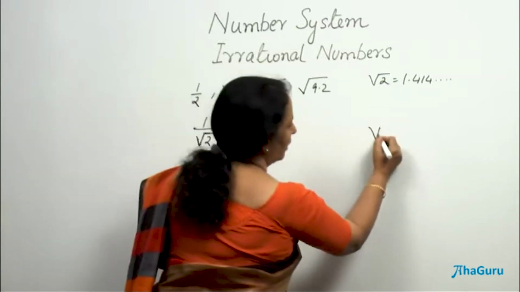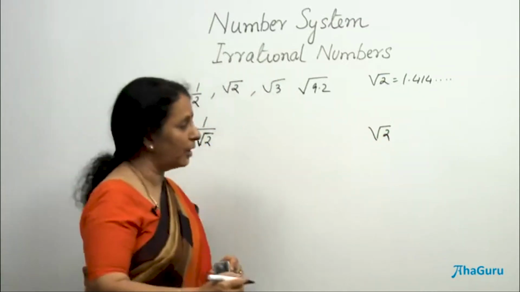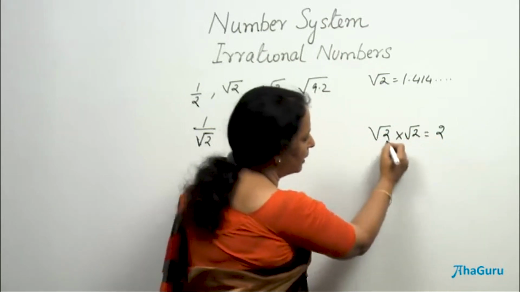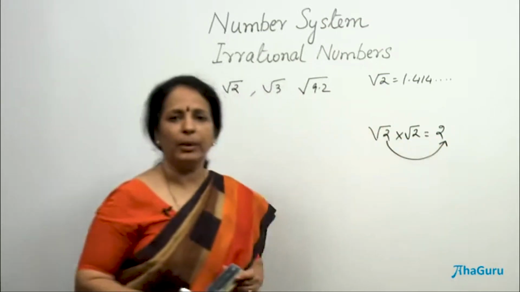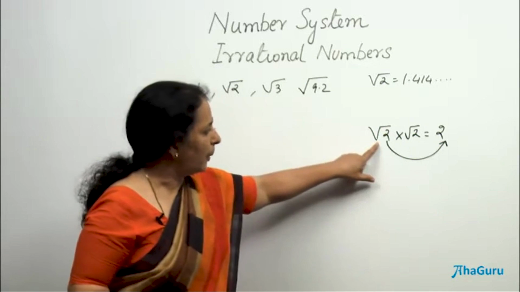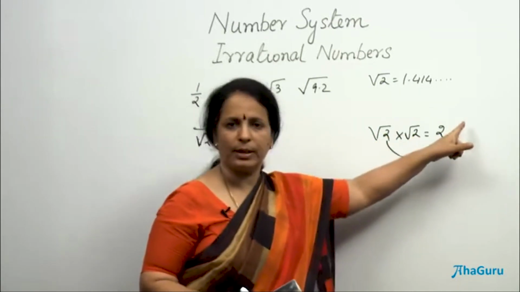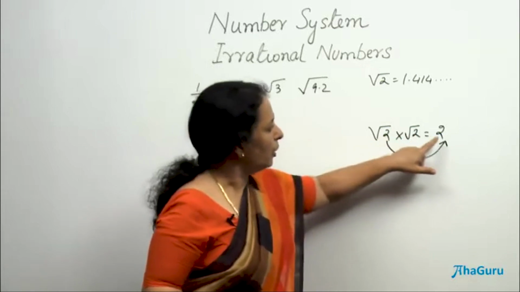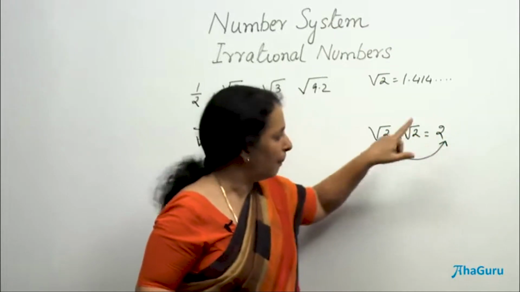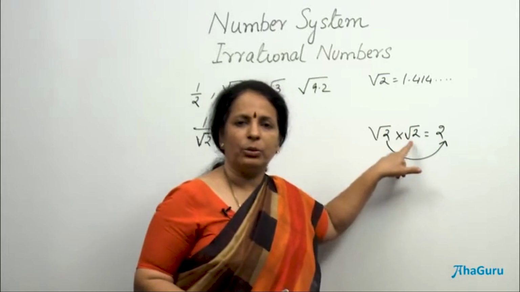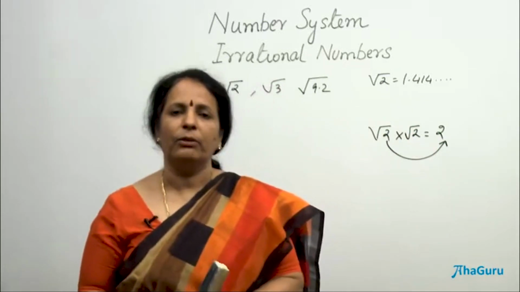Root 2 can be made a rational number, 2, by multiplying by another root 2, isn't it? So if I multiply root 2 by root 2, I will get the answer as what? Root 2 into root 2 is root 4, which is again 2. So root 2 has been rationalized by multiplying with another irrational number, and this is known as the rationalization factor.